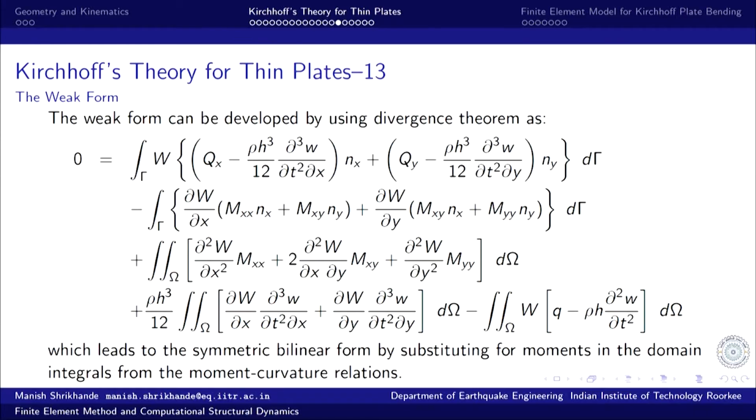The differential equation can be transformed, a boundary term can be developed, and the derivatives can be transferred. So we have two boundary terms, with two derivatives being transferred to the weighting function terms, and eventually we will have only the highest order of spatial derivative as 2 in the entire weak form.